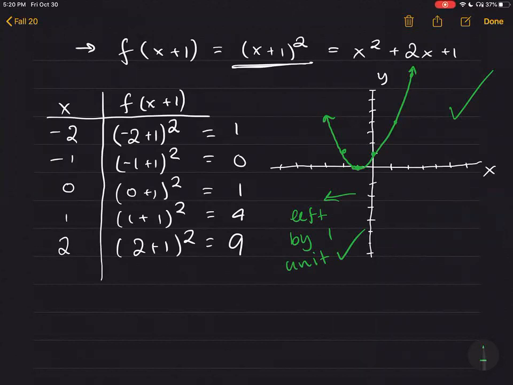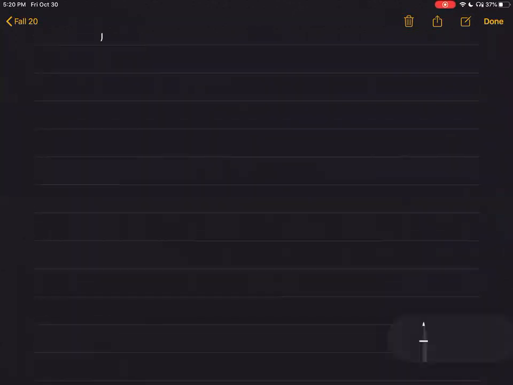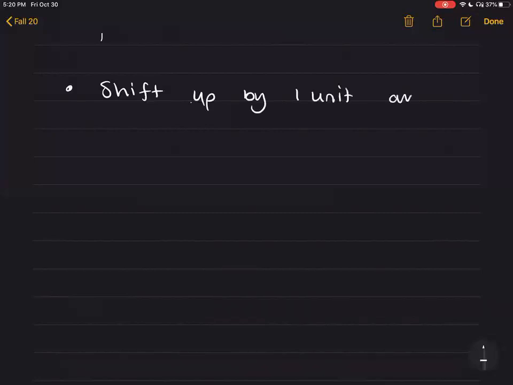Transformations, though, aren't just themselves in isolation. Oftentimes, we'll be looking at them together, working together to form a function. So let's see an example of that. Let's say we wanted to shift up by 1 unit and right by 1 unit.